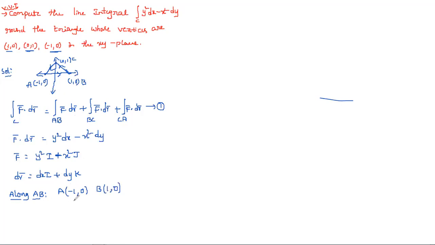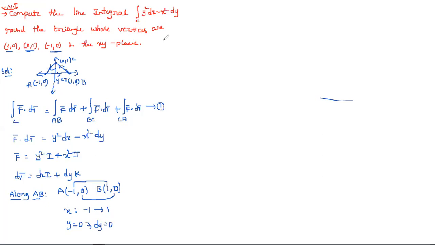X is from minus 1 to 1, and Y is equal to 0, right? It means this is the line y equal to 0 throughout. So Y is equal to 0 means dy is also 0.